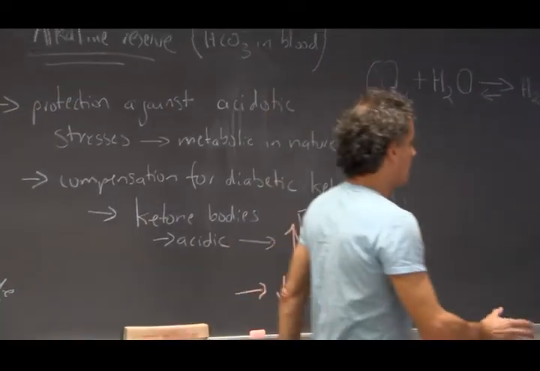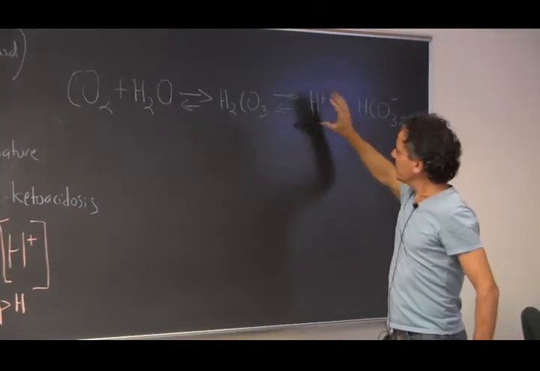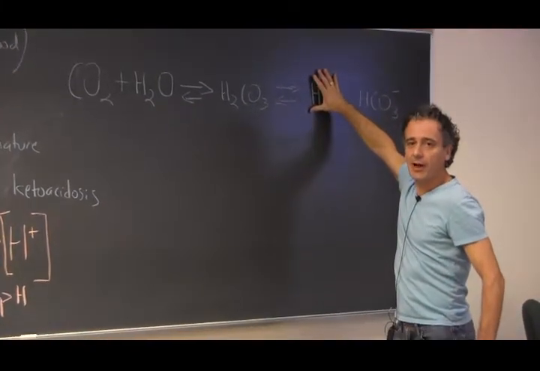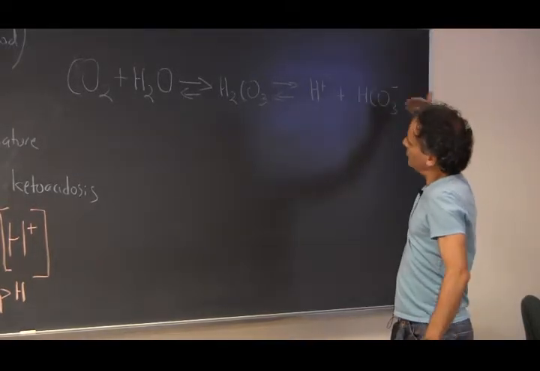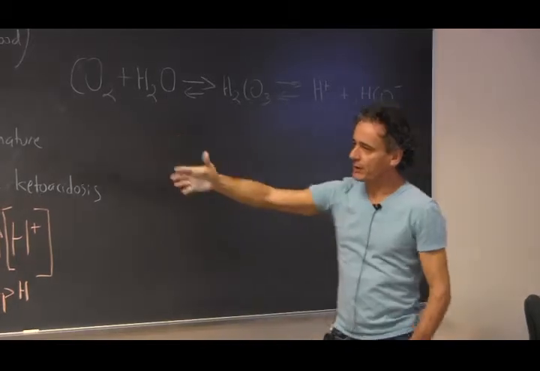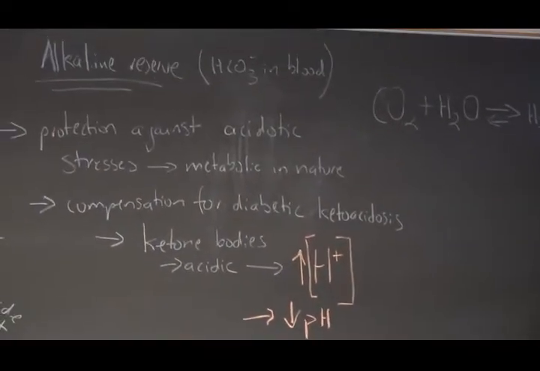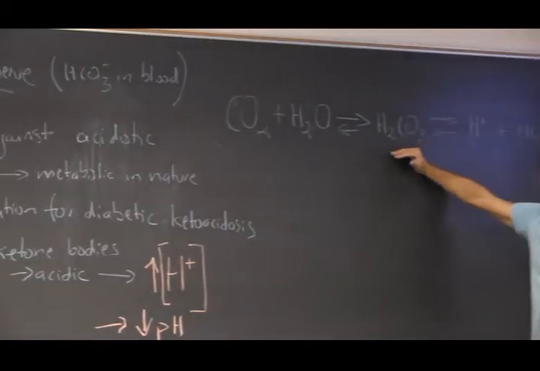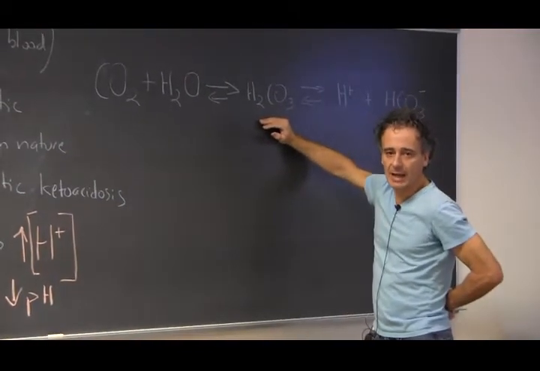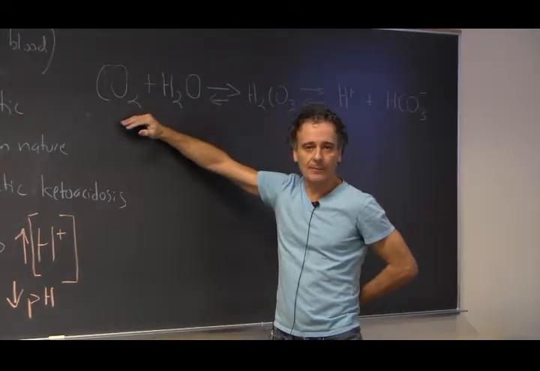So what's going on is that the levels of hydrogen ions are going up. As the levels of hydrogen ions are going up, we begin to push this carbonic anhydrase reaction that occurs in the red cells to the right, and we produce increased levels of carbonic acid, which then breaks up to form CO2 and water.